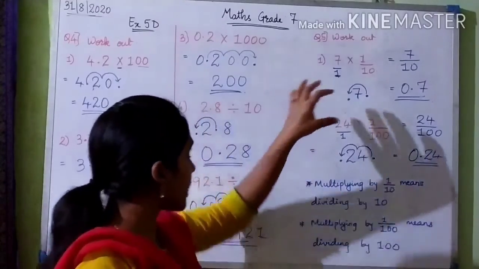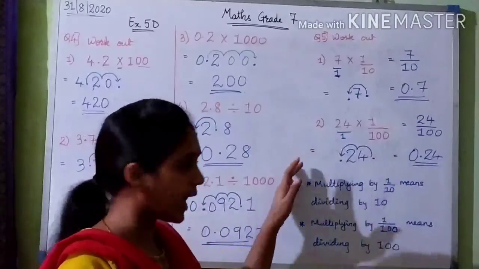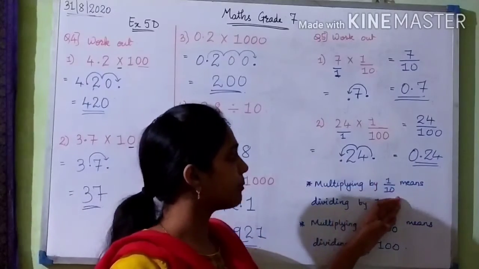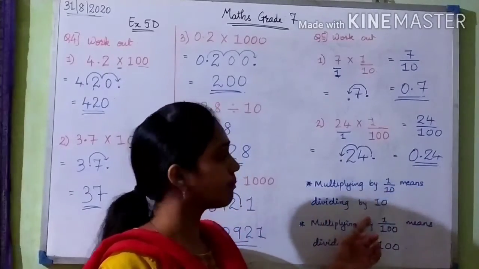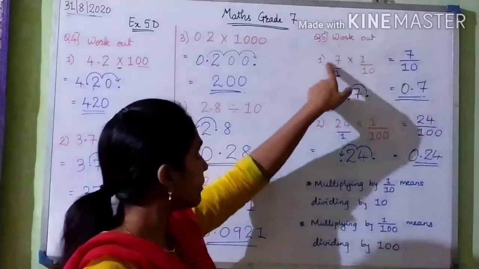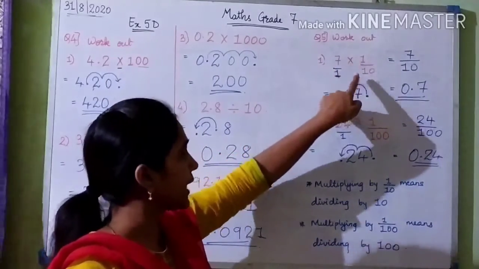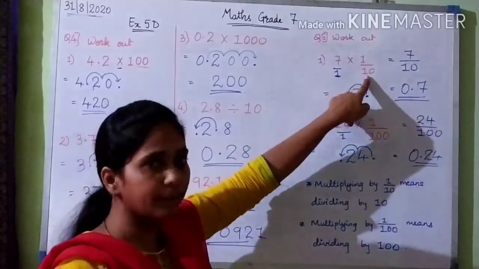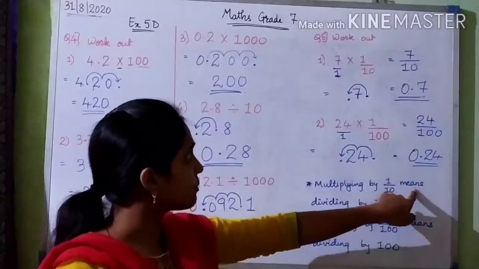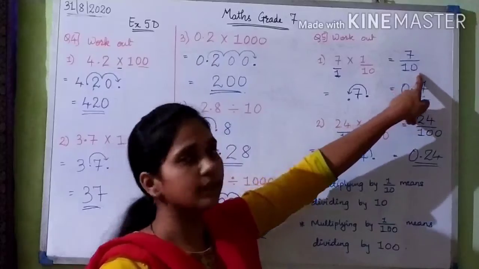So from these two sums, the first one and the second one, we see that multiplying by 1 by 10 means dividing by 10. Here we are multiplying this number 7 by 1 by 10. So multiplying by 1 by 10 means what? Dividing by 10.